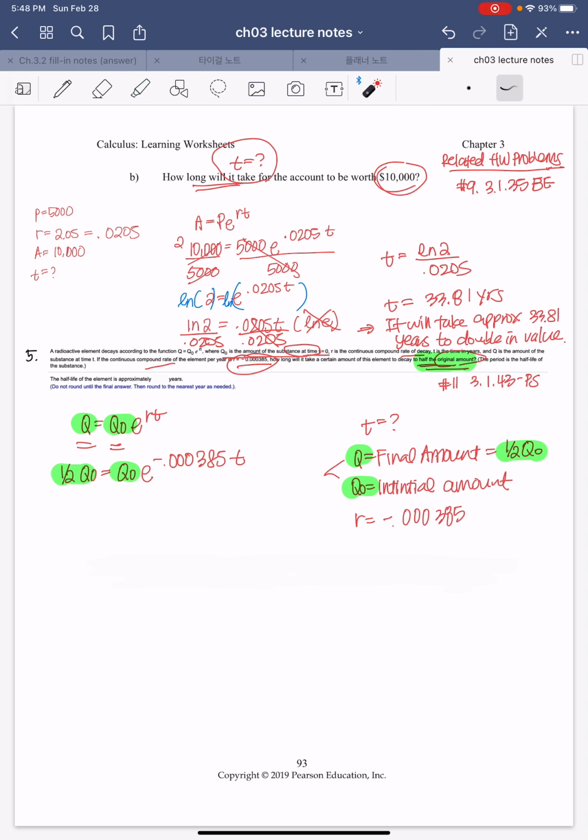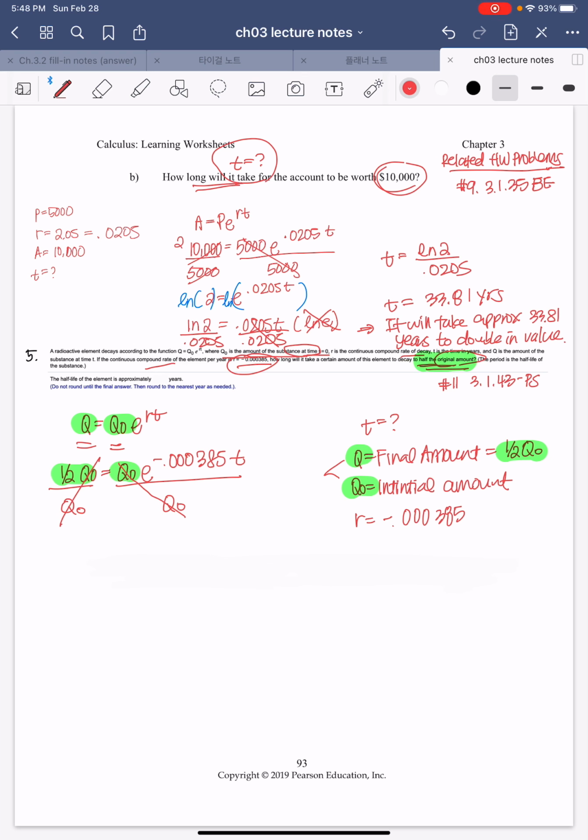Similarly, to what I did earlier, where I divided by 5,000 on both sides to get rid of it, same thing: I'm going to divide by Q sub 0 on both sides, and that's nice because this divides perfectly and they cancel.